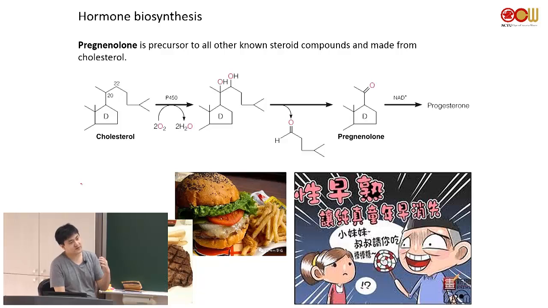If you're very young, like 7 or 8 years old, and you feed your kids a lot of meat, a lot of high calorie stuff, you are in a way triggering the synthesis of sex hormones. And where do your sex hormones come from? They come from cholesterol.